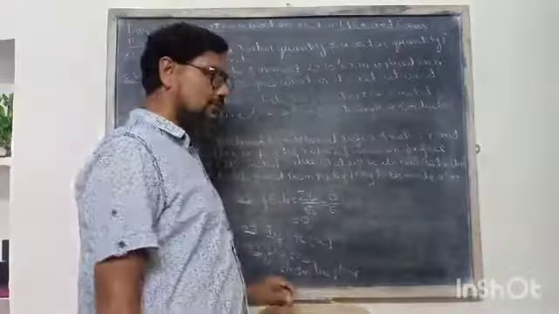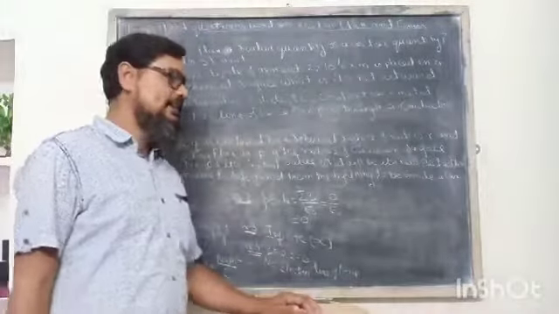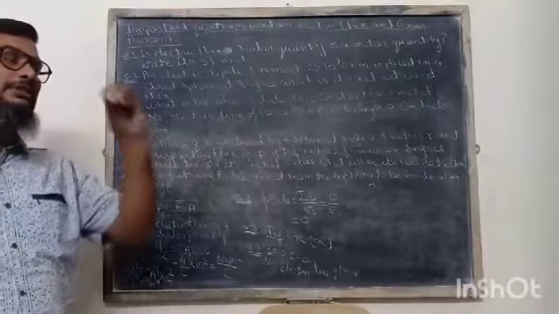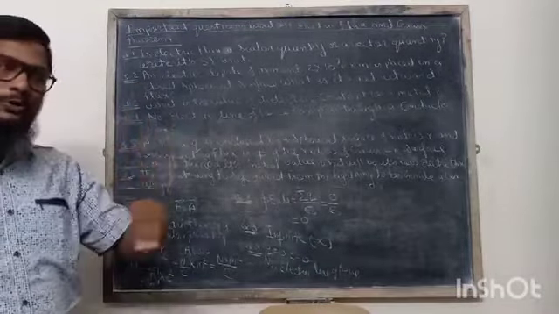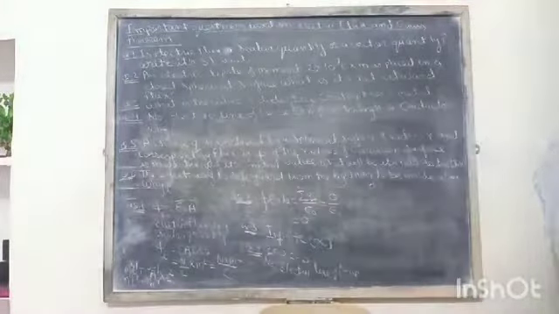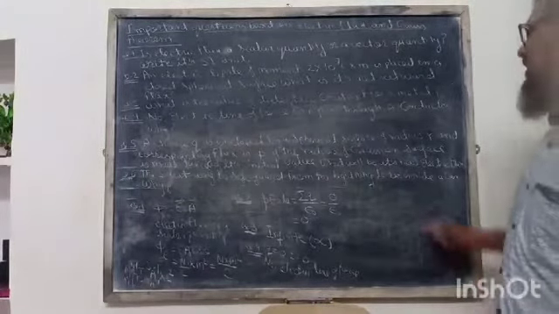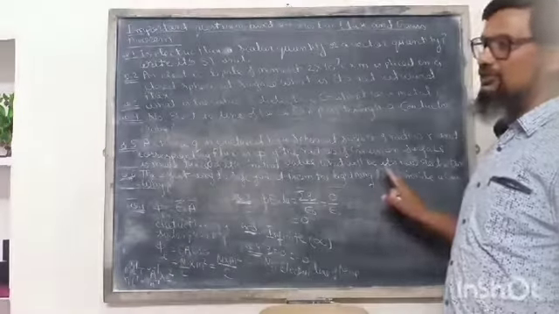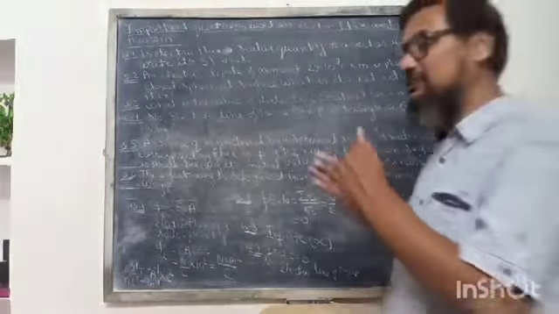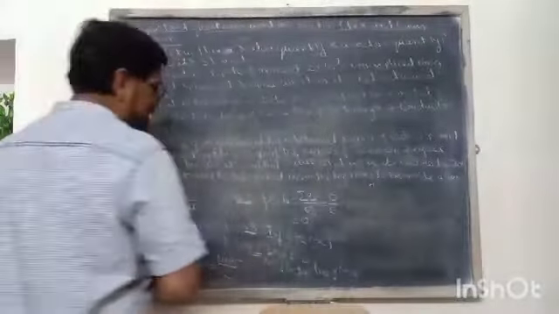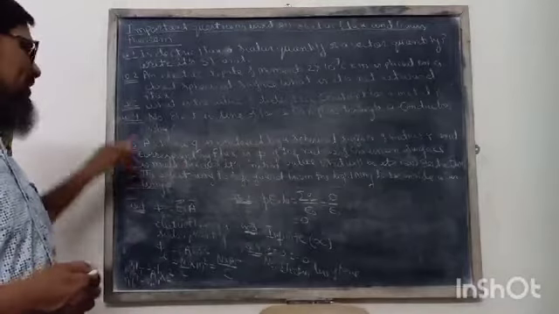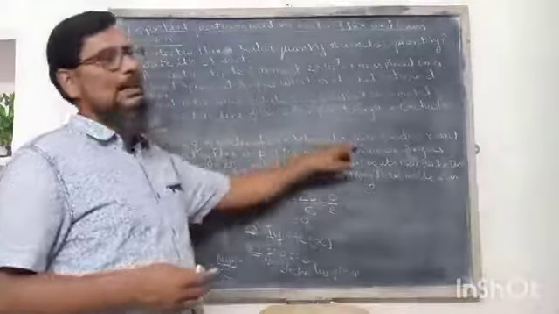We have discussed earlier that Gauss's theorem does not depend upon the size and shape of the Gaussian surface. If we increase the size, or change the shape, and the enclosed charge remains the same, then the flux also remains the same.